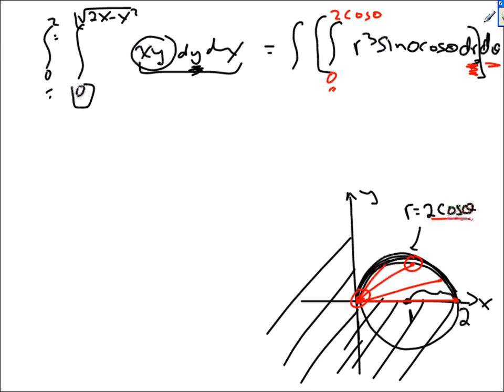What does theta go from? Here theta is 0, a little bit more, pi over 4, pi over 3, eventually pi over 2. The cosine of pi over 2 is 0. So theta goes from 0 to pi over 2. And there's your conversion.